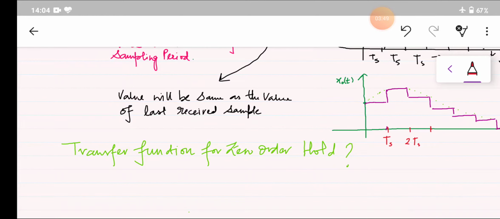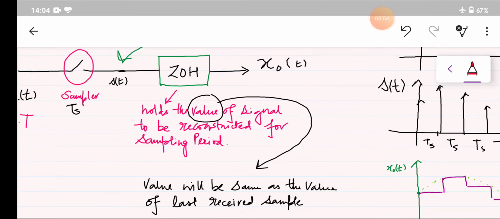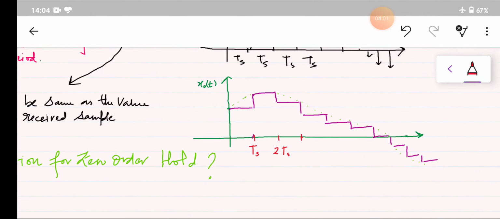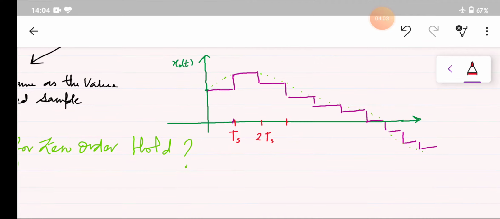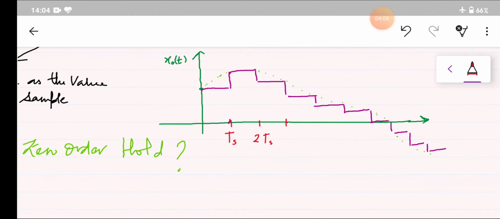Now we wanted to determine the transfer function for this zero order hold in today's video lecture. So as you can see here, x naught t, the output of zero order hold, is a unit step function appearing into ts.